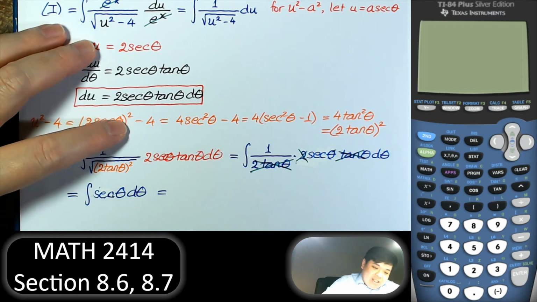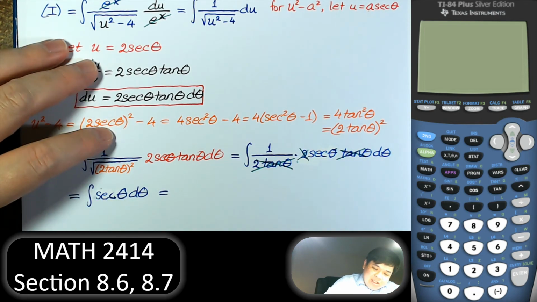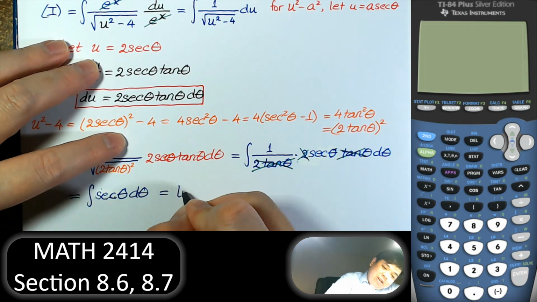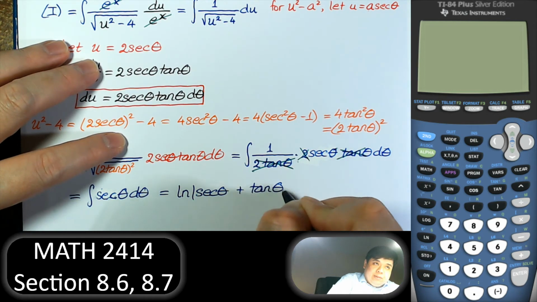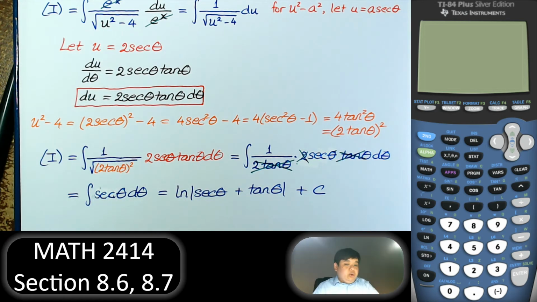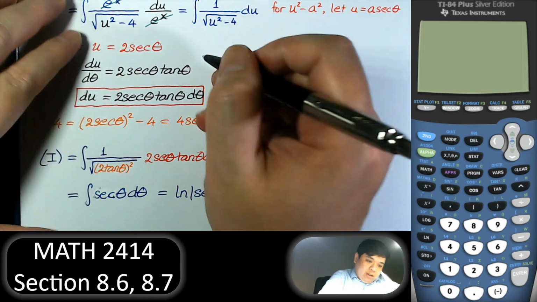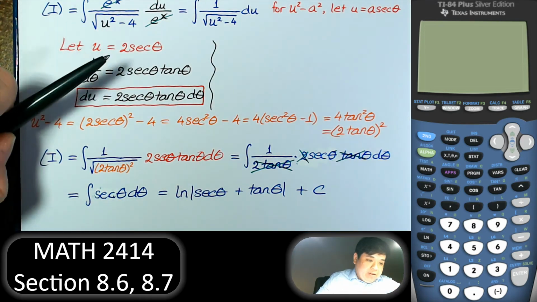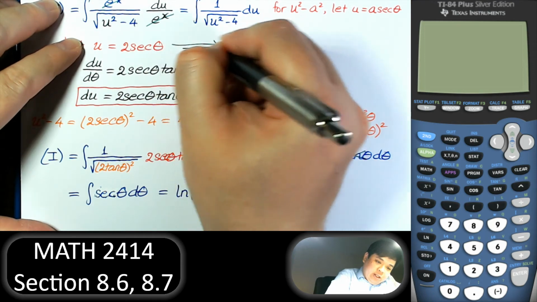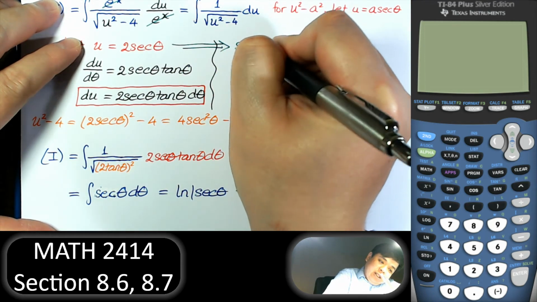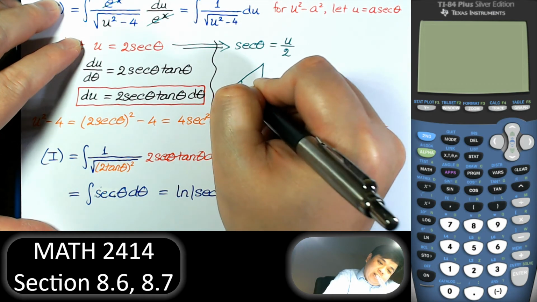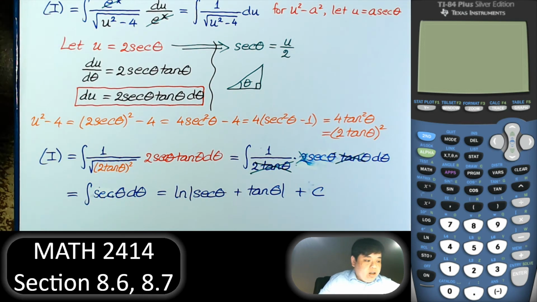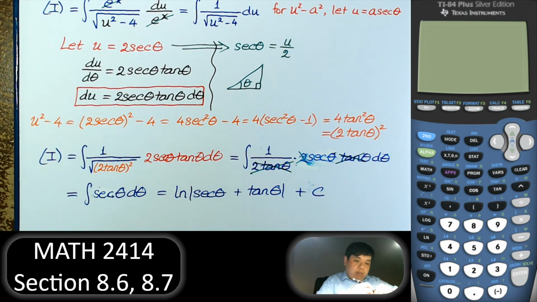And the integral of secant is ln of secant plus tangent. Right, we need to know what secant is and what tangent is. We have secant from there, if we can solve for it. Secant is u over 2. Secant is the reciprocal of cosine, and cosine is adjacent over hypotenuse.